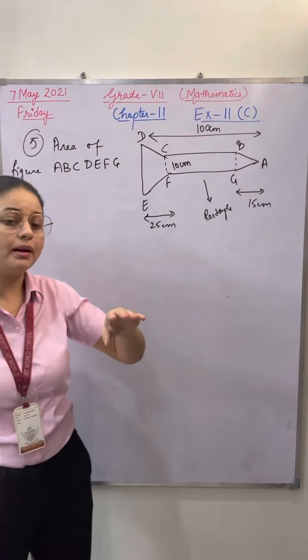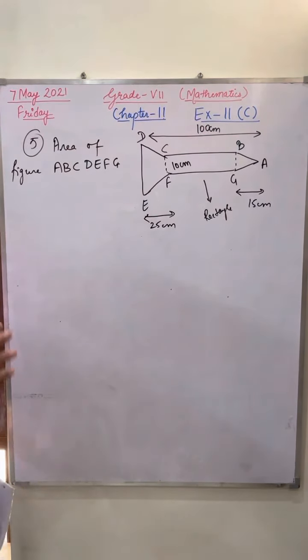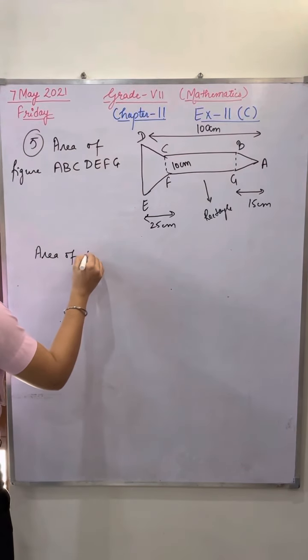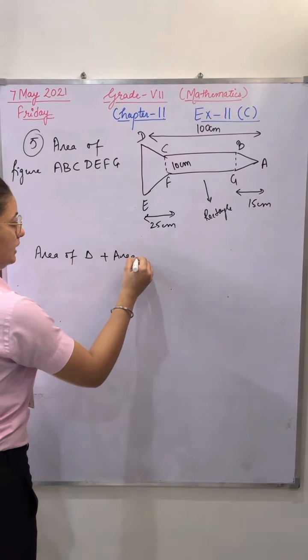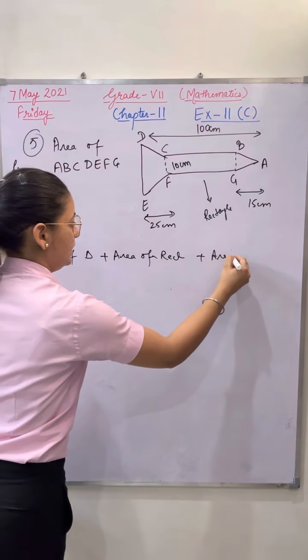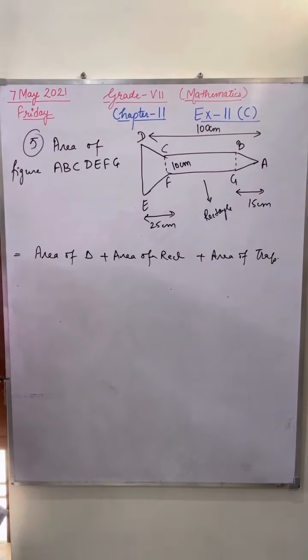In the PDF which I am sending to you, I have added the area: area of triangle plus area of rectangle plus area of trapezium. I have written it in this way in the PDF.